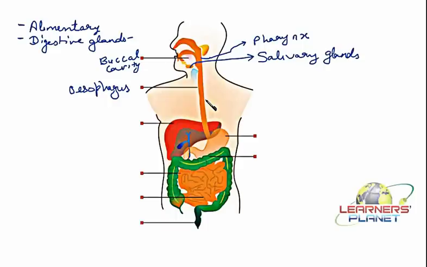So this esophagus is basically a muscular part which is contractile in nature, definitely. The contraction and relaxation of the muscles present in the wall of this esophagus helps in the forward movement of the food particles.